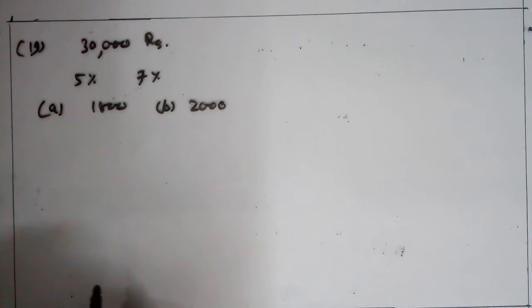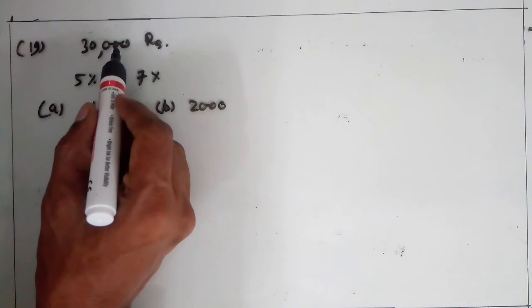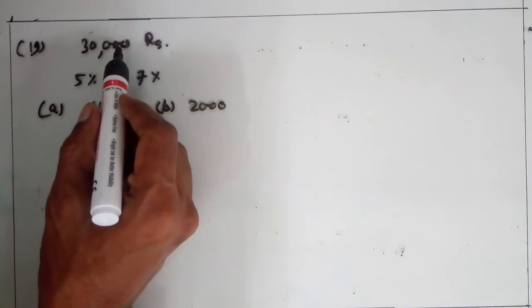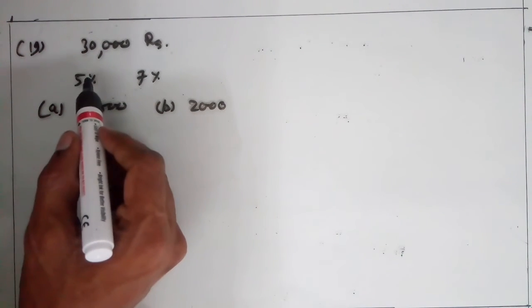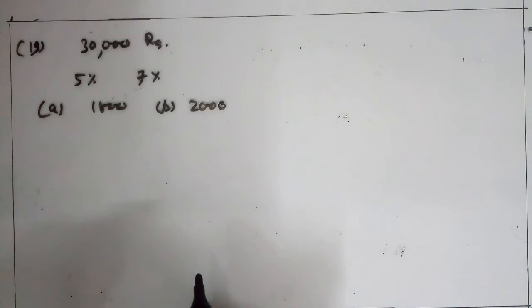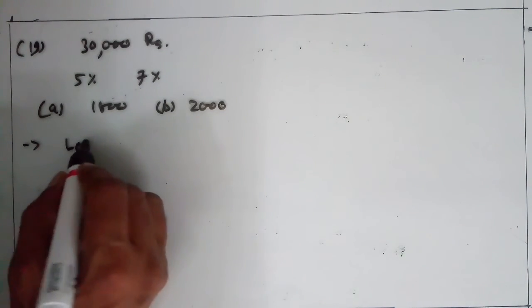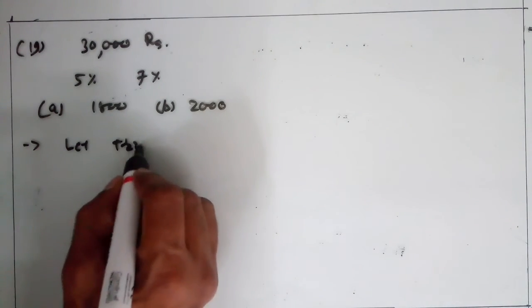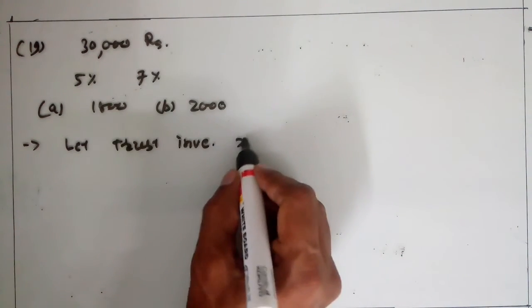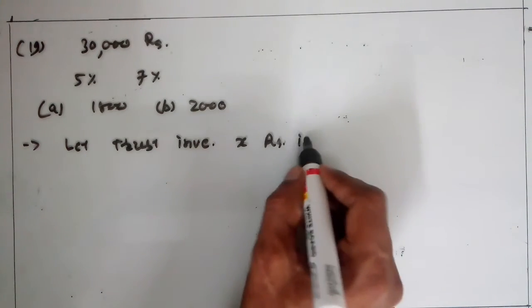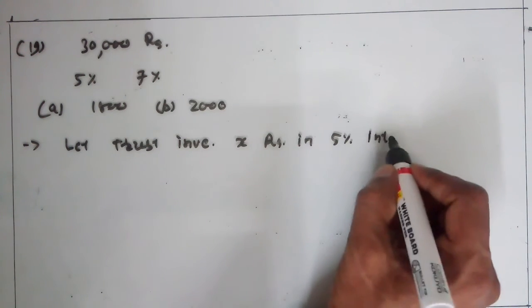Here we want to divide the total amount of 30,000 into two parts in such a way that one part is invested in 5% bonds and the second part is invested in 7% bonds. So first let the trust invest X rupees in 5% interest bond.